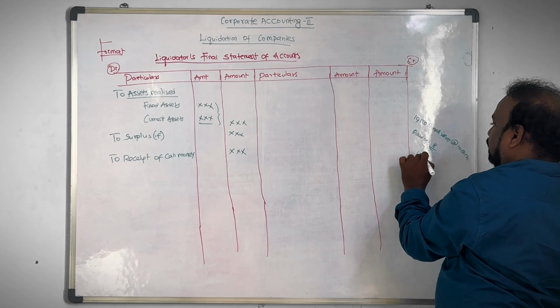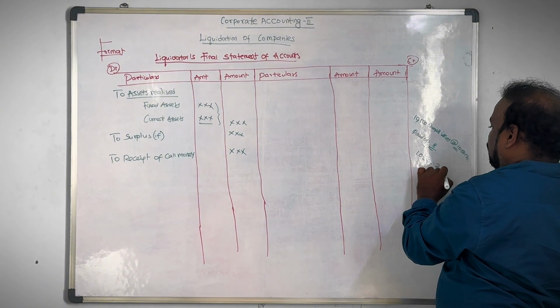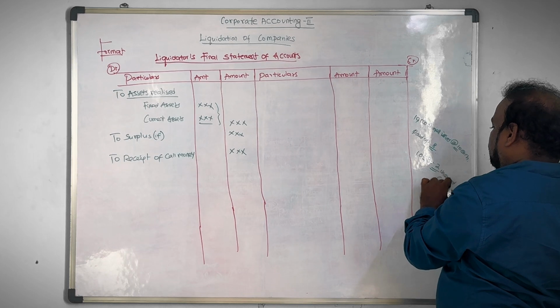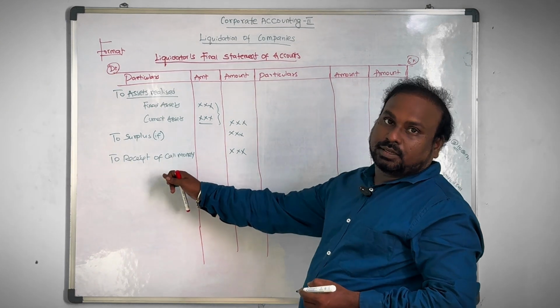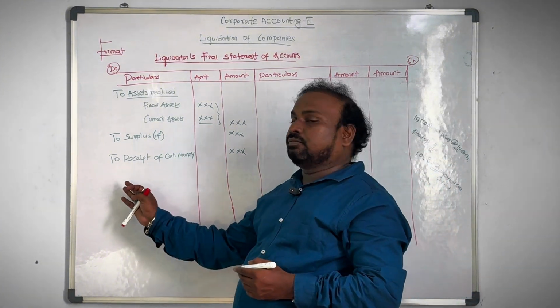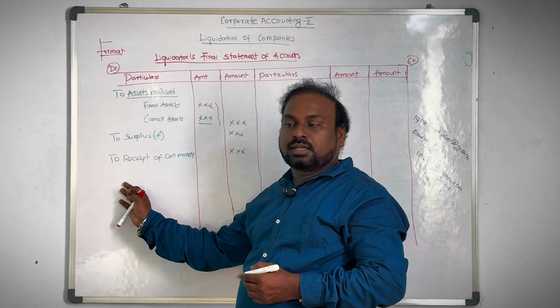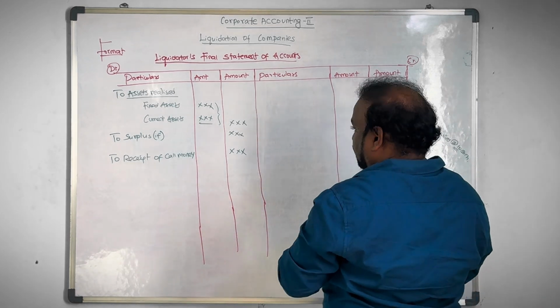Then the face value is 10, paid up is 8. 2 is uncalled capital. Like that, if uncalled call money is there, we need to bring it here, that is to receipt of call money. At the time of winding up of a company, we need to send a notice to the shareholder and we collect the remaining 2 and bring it to the credit side.